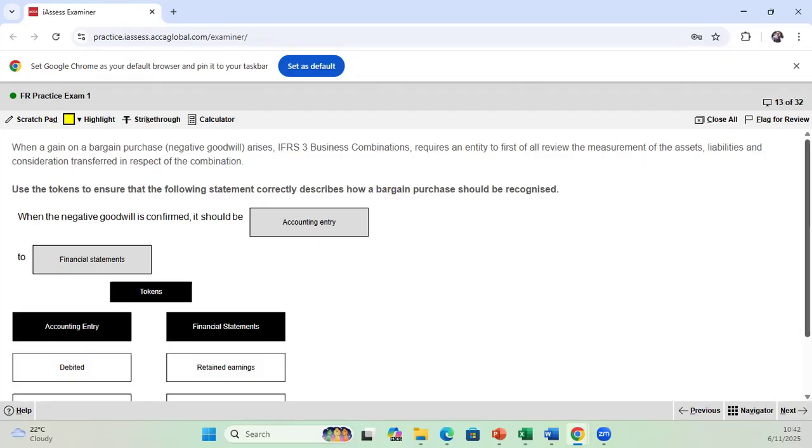This can be because the business was suffering a bad reputation in the market.